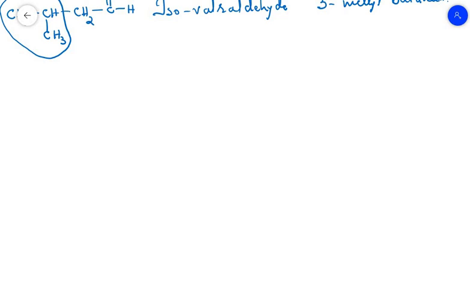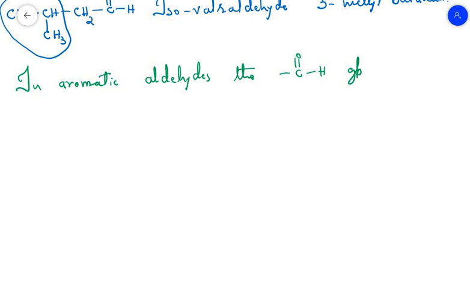In aromatic aldehydes, the CHO group is attached to the ring.